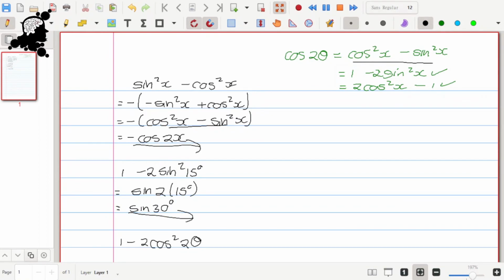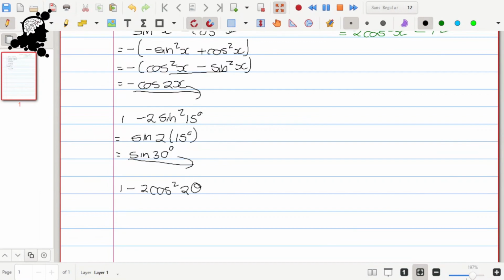So once again, just like in the first question, I could take out minus 1 as a common factor. Then I remain with minus 1 plus 2 cos squared 2 theta. When I do this, I can swap the two terms and I get 2 cos squared 2 theta minus 1.